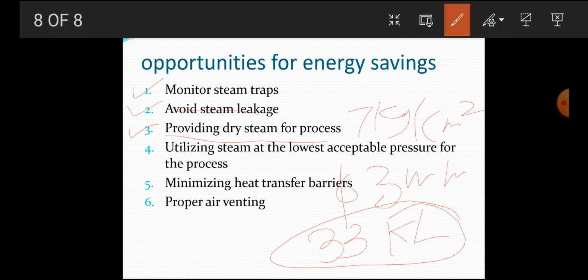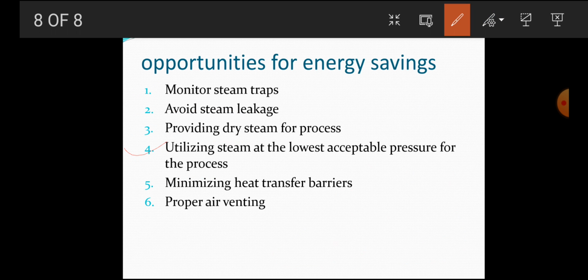Then utilizing steam at the lowest acceptable pressure for the process. If you have seen the steam table, it is clear that the latent heat in the steam reduces as the steam pressure increases. So as we have seen in the diagram, as the pressure increases, the latent heat is reducing.